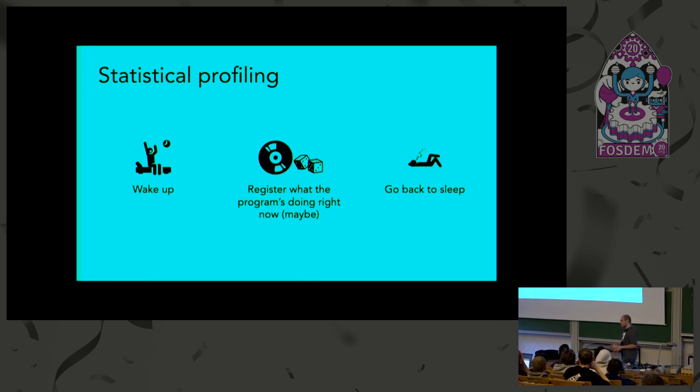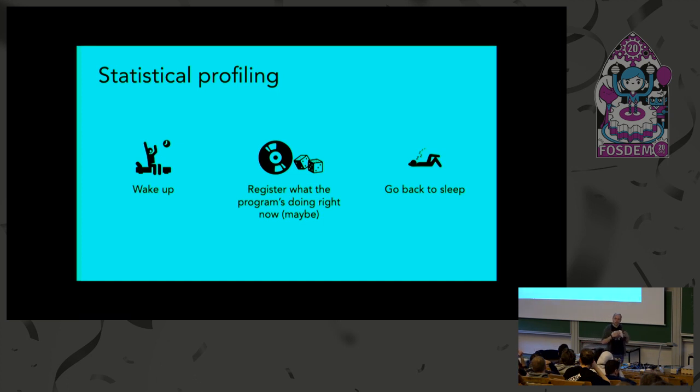The other way of doing profiling is different. You're going to run your program normally, you're not going to change anything, but every now and then, like every 10 milliseconds or so, you're going to interrupt your program and look at what it's doing right now. If you do that often enough, you're going to statistically have a good representation of what your program is doing usually.